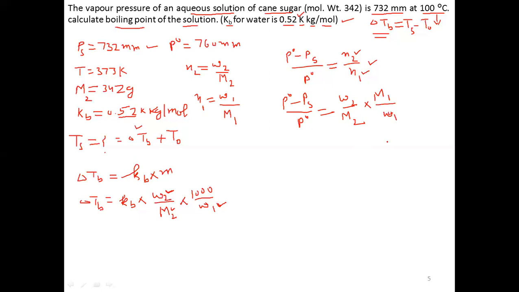Now we need, what is P naught? Putting this value, P naught is 760. What is Ps?